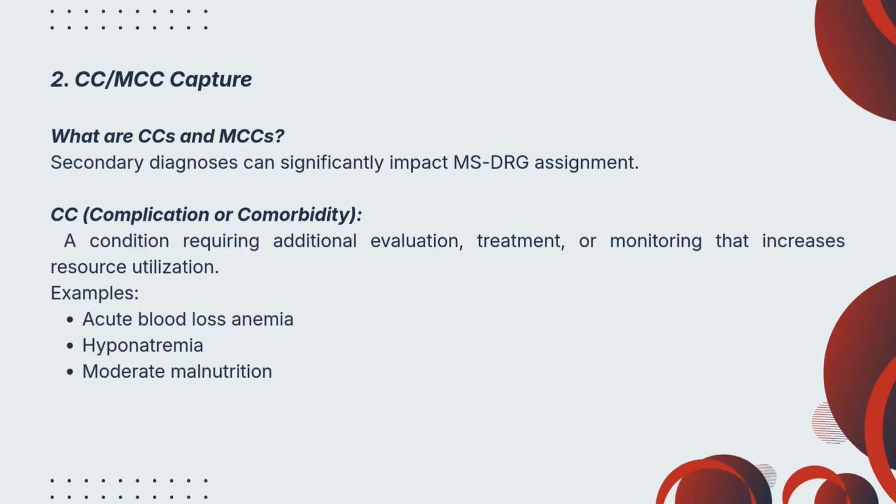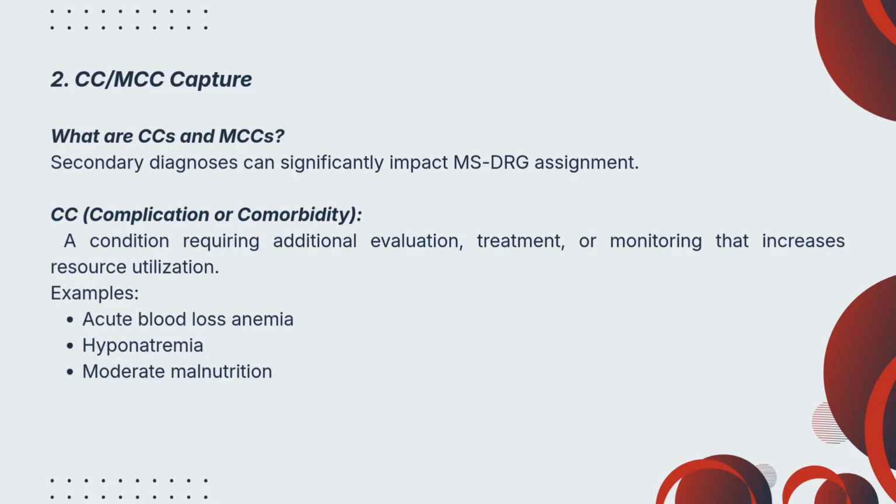2. CC/MCC capture. What are CCs and MCCs? They are secondary diagnoses that can significantly impact MSDRG assignment. CC, complication or comorbidity: a condition requiring additional evaluation, treatment, or monitoring that increases resource utilization.